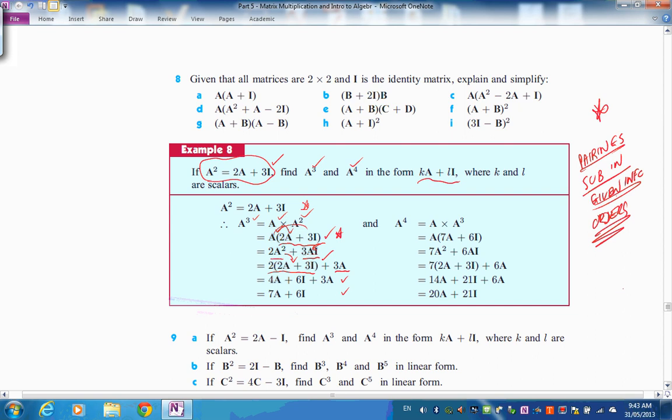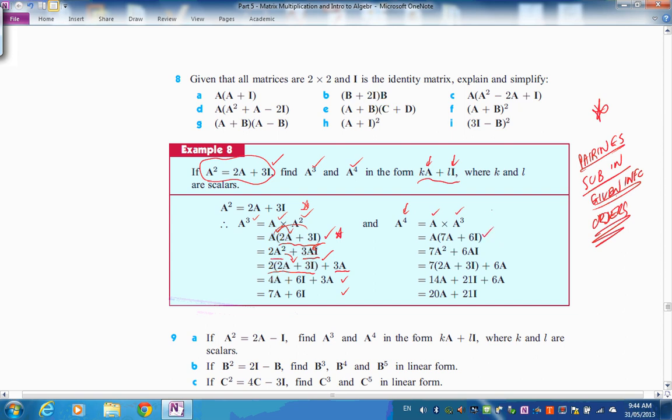Okay, breaking it all down into A and I. So here's our indication that we want to have A's and I's only in there. So let's look at A to the fourth. We're going to say A to the fourth is A by A cubed, and we've just found A cubed.